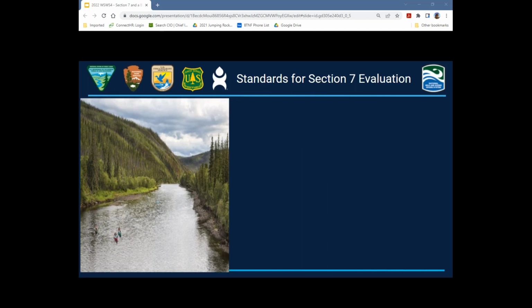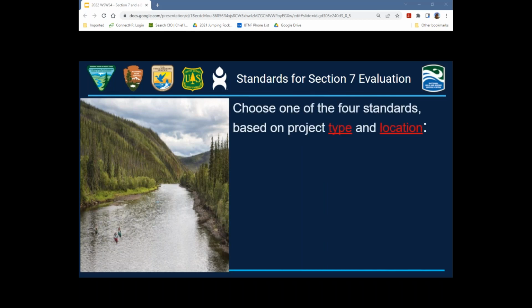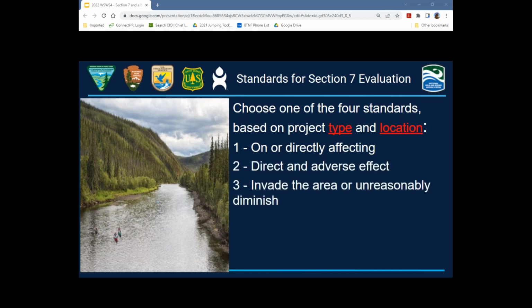The standard that you will use to evaluate a proposed water resources project depends on the type of federally assisted water resources project, hydro or other, and the location of the project within the river corridor or upstream, downstream, or on a tributary to the designated or congressionally authorized study river. On or directly affecting, direct and adverse effect, invade the area or unreasonably diminish, and finally invade the area or diminish.